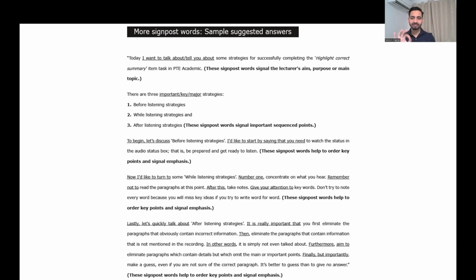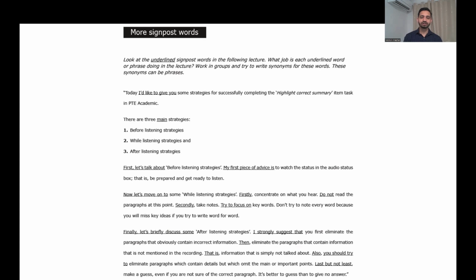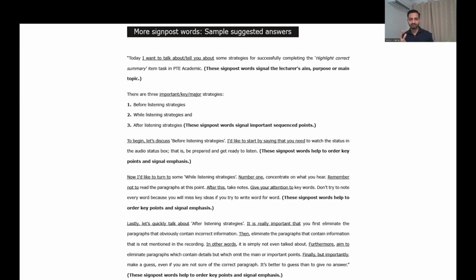So these signpost words help to order key points and signal emphasis. Instead of "first let's talk about", I can say "now I'd like to turn to some", right? And instead of "my first piece of advice", I can use "number 1".